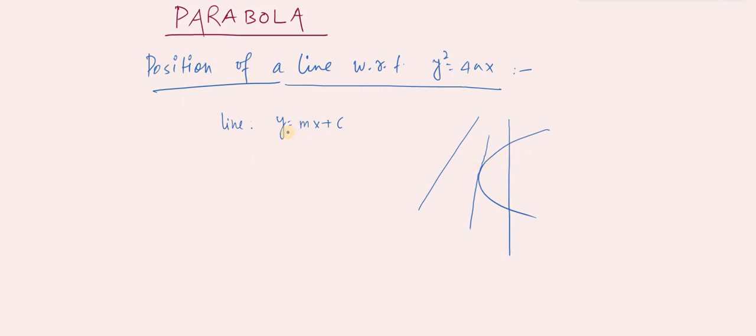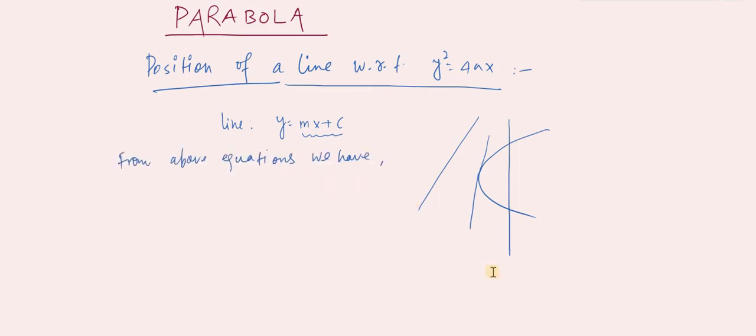So how can we decide whether y is equal to mx plus c does not intersect, or intersects at 1 point, or intersects at 2 points the parabola y square is equal to 4ax? For that we need to solve these two equations, and for that we just substitute the value y is equal to mx plus c in this equation, and then we will have a quadratic equation, and with the help of the quadratic equation we can determine whether it is touching, cutting at 2 points, or does not intersect.